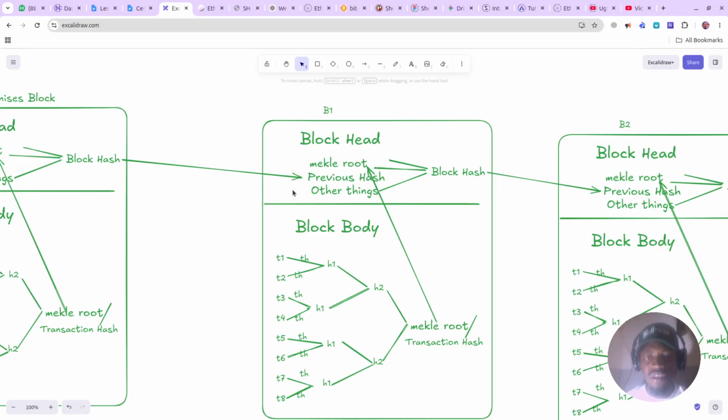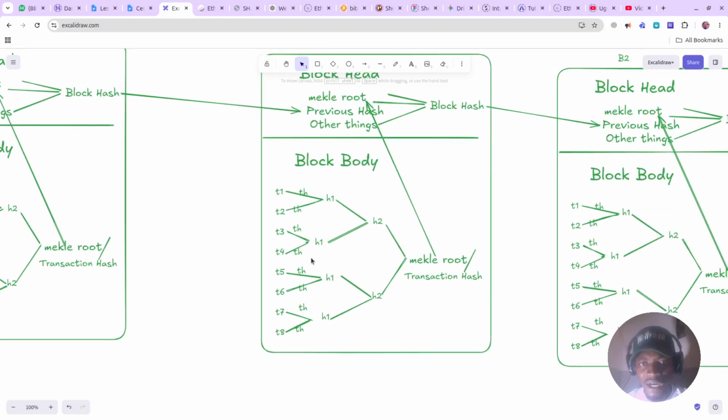All right. So now this B1, block 1, also has its own transactions that happen, and it also follows the same process, just like the first one. So many transactions, they are hashed and they are joined together to produce this hash. This one joined together to produce this hash. Then two of them join together to produce this hash, and at the end we have a Merkle root.